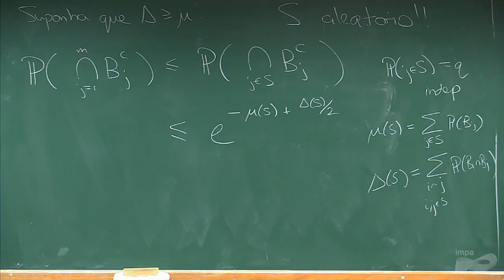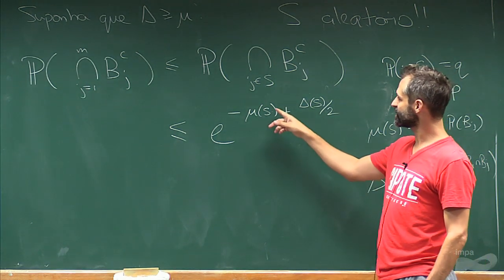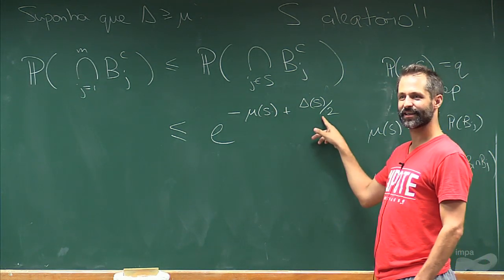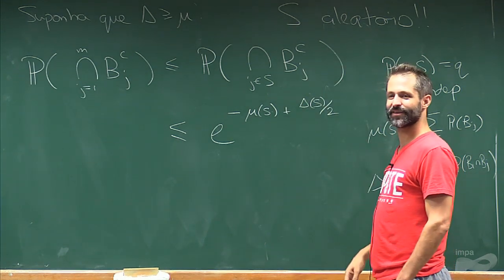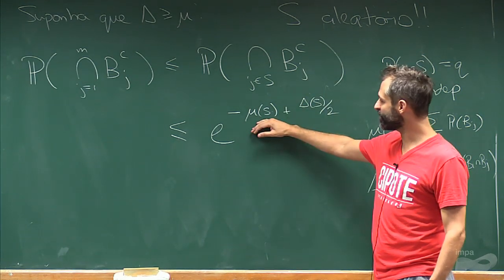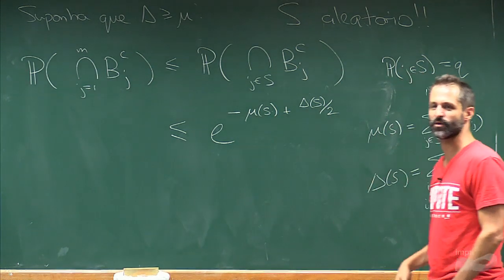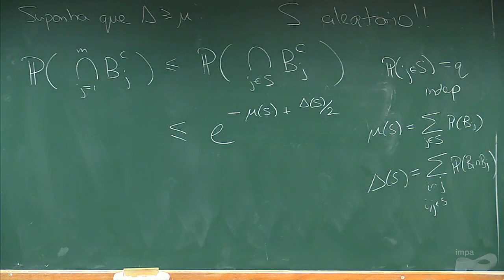What we want is that there exists an S that has the property we want, such that this is sufficiently small. So we want an S where mu of S is big and delta of S is small. How are we going to show that such an S exists?